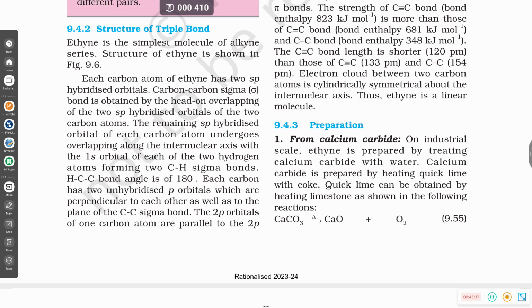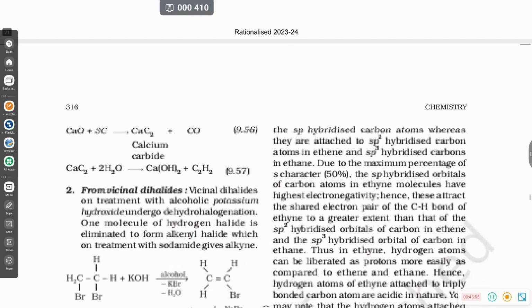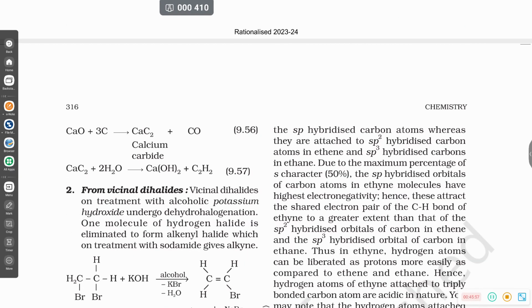Quicklime can be obtained by heating limestone. So, I am taking limestone, calcium carbonate. Heating, what is forming? Quicklime, CaO plus CO2. Then CaO plus carbon, quicklime plus carbon, if you take, calcium carbide will form. This is called calcium carbide.